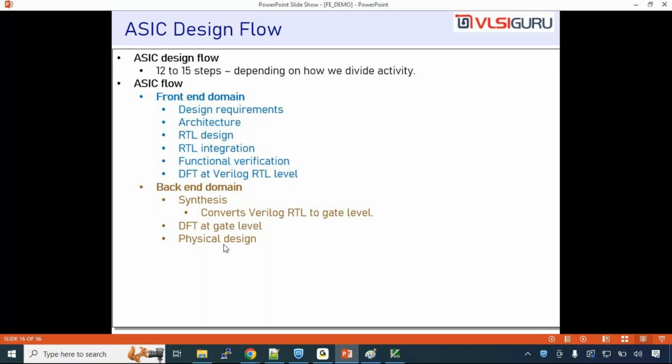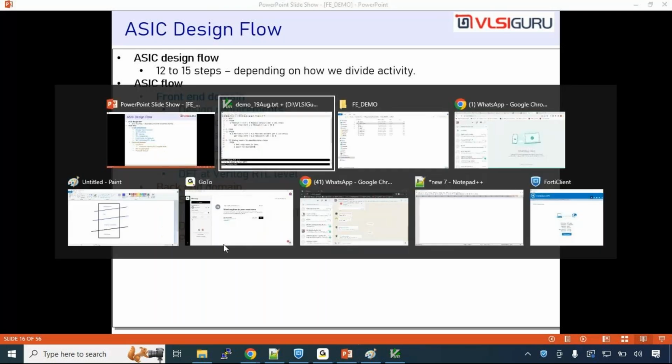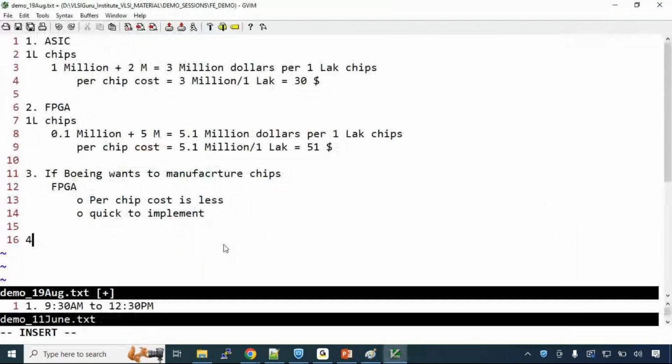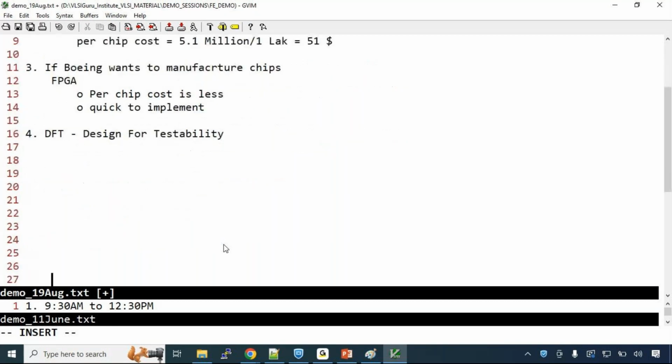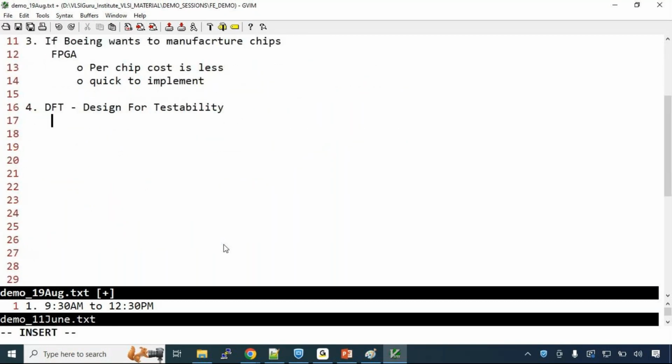Let's quickly understand what DFT is and what physical design is. DFT stands for design for testability. What is involved in DFT is when you manufacture the chips. Simple example, let's say a laptop.